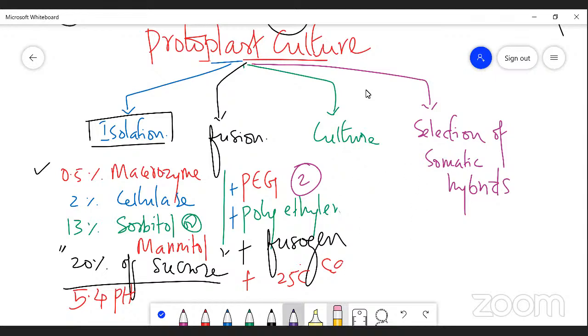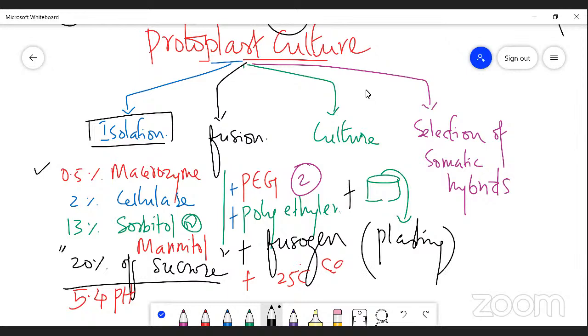So finally, it is made into a plating technique. The cultured protoplast is developed by plating techniques. So finally, two different protoplasts are fused.